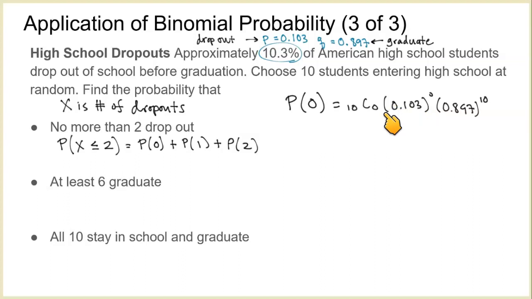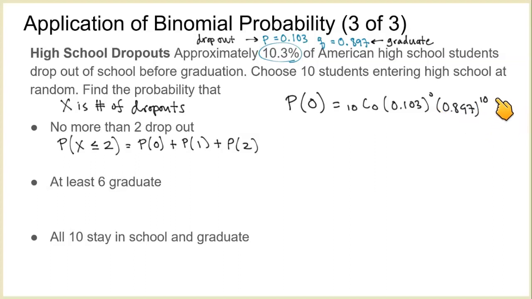So in this case, since 0 represents no dropout, the first number has to be related to dropping out, which is the 0.103. And then if none of the students dropped out, that means 10 of the students graduated. So the second value represents graduated, 0.897.